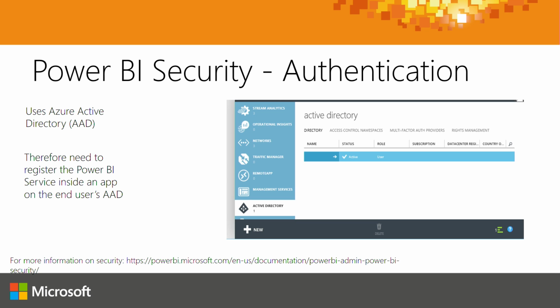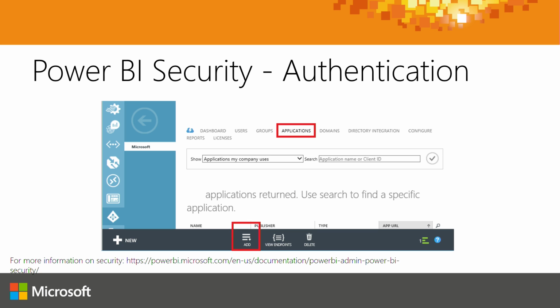So the first part of developing for Power BI, you're going to need to configure an application inside of Azure Active Directory. You can see that's the portal, and I scrubbed out the Microsoft part so you couldn't read that. Once you've created, you create a new application, and then you add it down the bottom.